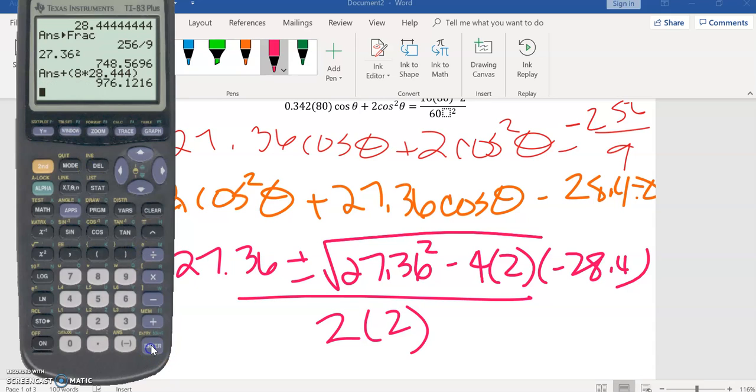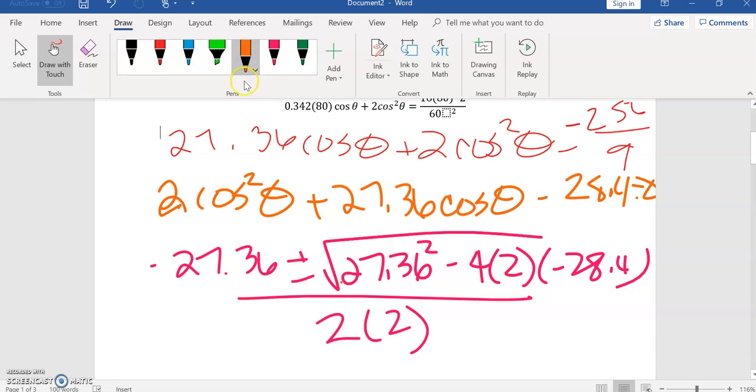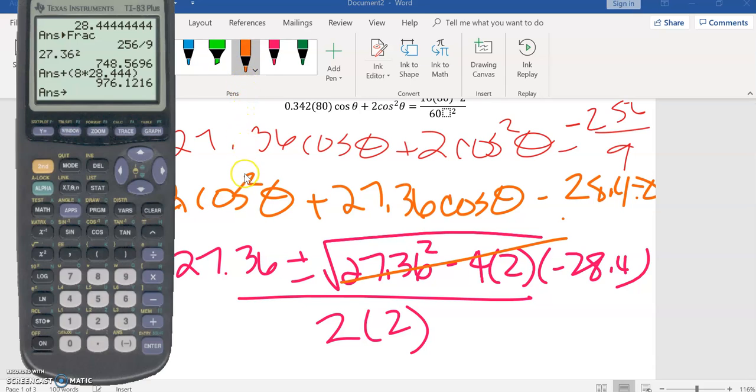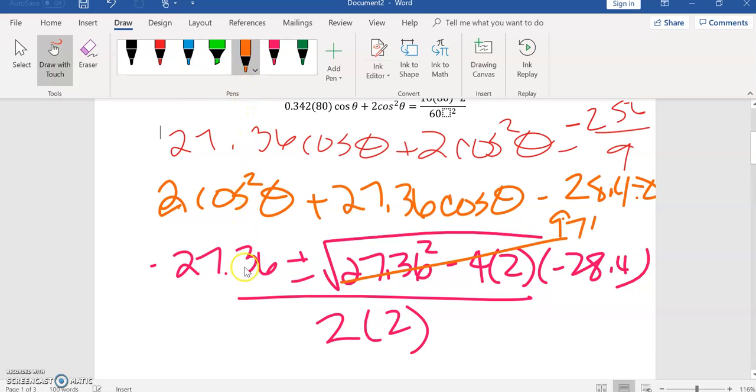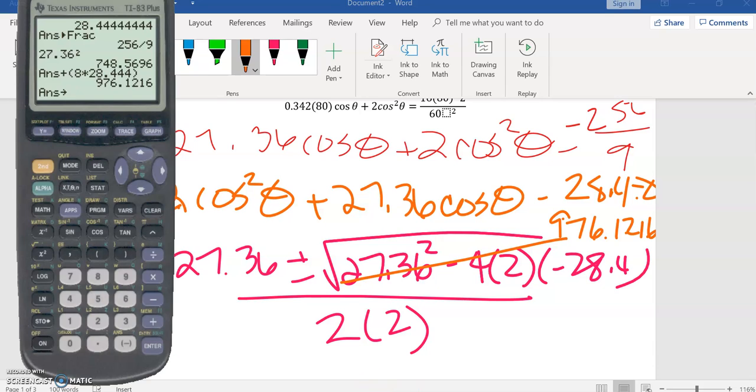So this whole thing is 976.1216. Because I'm going to need to do it twice, I didn't want to have to carry it through.